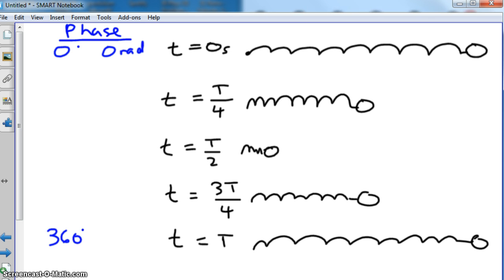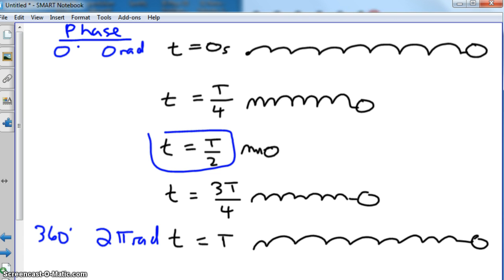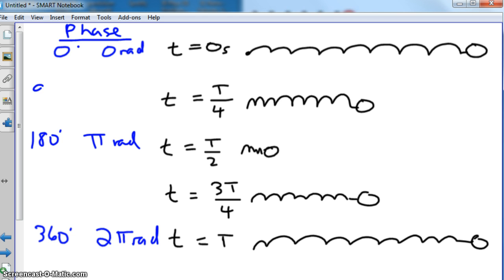The phase is 360 degrees, or 2 pi radian. Halfway through the cycle, when the time that has passed is half a period, the phase is 180 degrees, or pi radian. And 1/4 of the way through, it's 90 degrees, or pi over 2 radian.